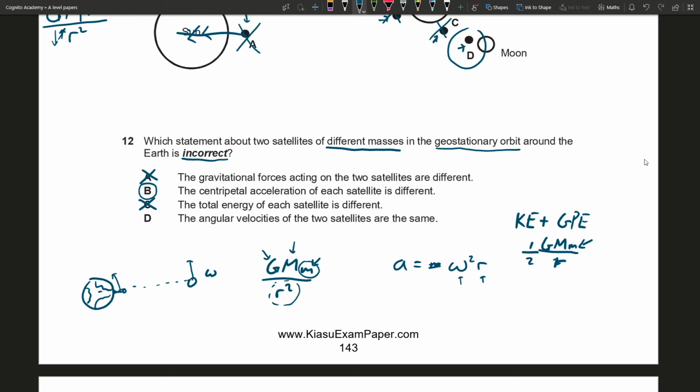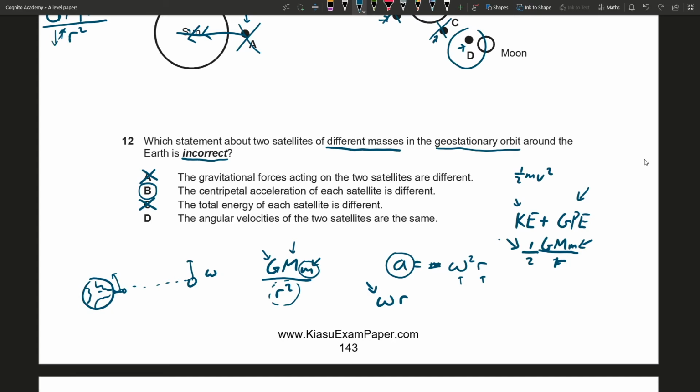Now, some of you might be wondering, how did we get this from KE plus GPE? Well, it takes a bit of time to derive, but just as a guide, to find the KE we have half mv squared, and to find v we just use omega times r. Then we find omega r in terms of the gravitational acceleration, which we can find in terms of GM and r.